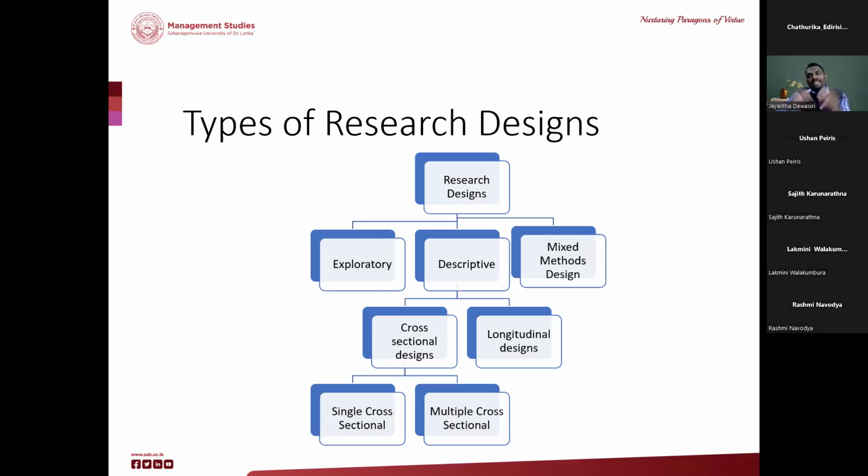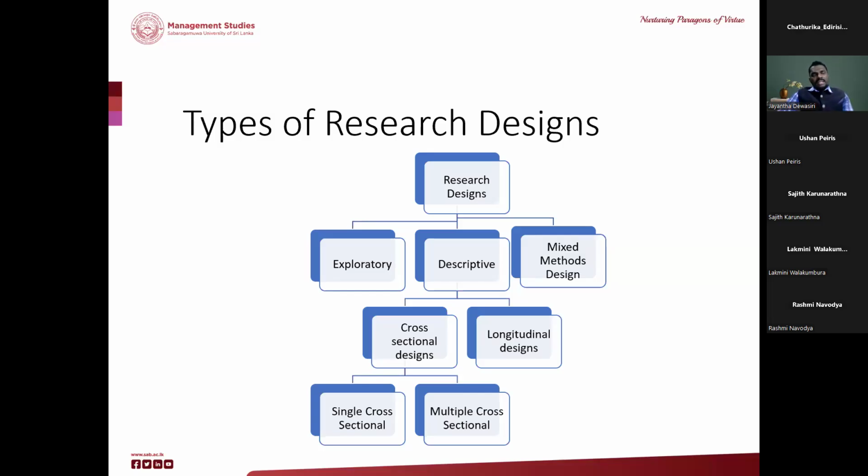Then you can conduct your study having multiple samples in order to have multiple perspectives on board. How you see the phenomenon being investigated is different from one sample to another sample. So you can have multiple cross sections in your study as well, if it is quantitative.